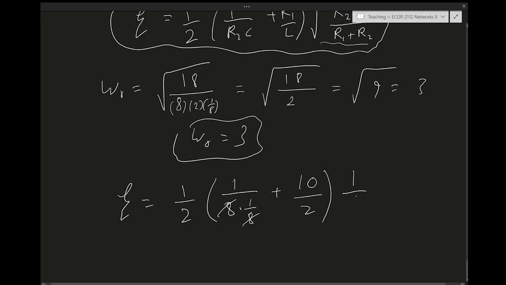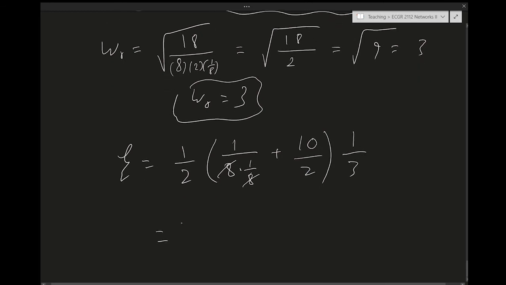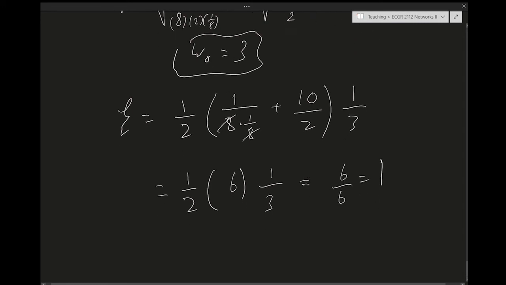Which is 1 over 3. So I end up with half times 1 plus 5, 6 times 1/3. So this becomes 6 over 6 equals 1. So this is a case where zeta equals 1. The system is critically damped.